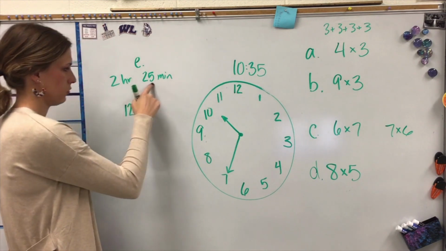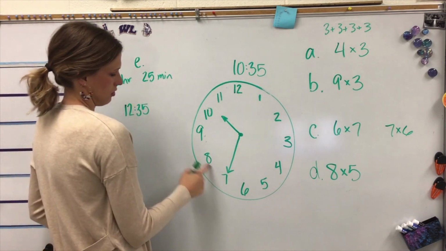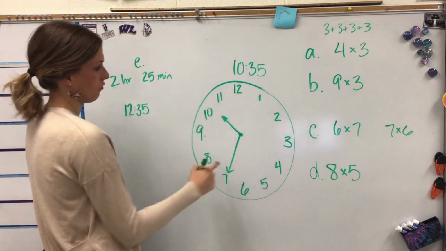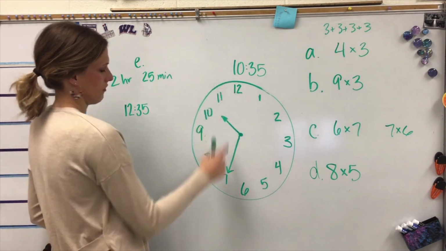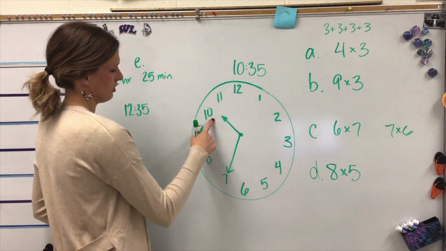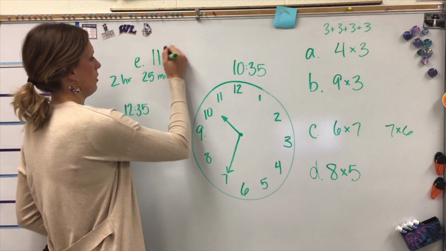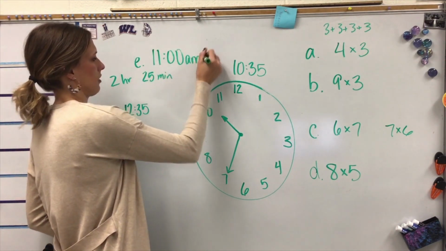And then what's plus 25 more minutes? 5, 10, 15, 20, 25. Well, that would be pointing at the 12. So if we're at 10:35, 10:40, 10:45, 10:50, 10:55, 11 o'clock. So for E, we get 11 o'clock a.m.